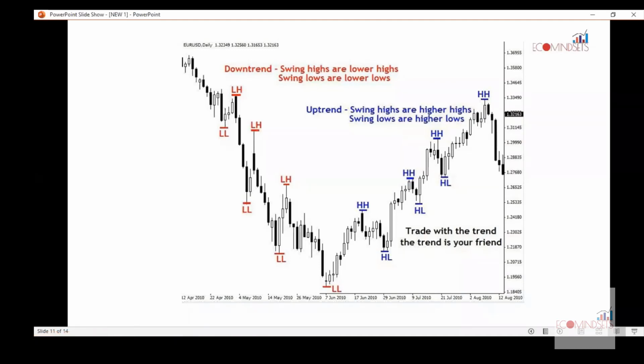A downtrend has swing highs that are lower highs and swing lows that are lower lows. So this is basically what happens when we are looking at a downtrend or an uptrend.